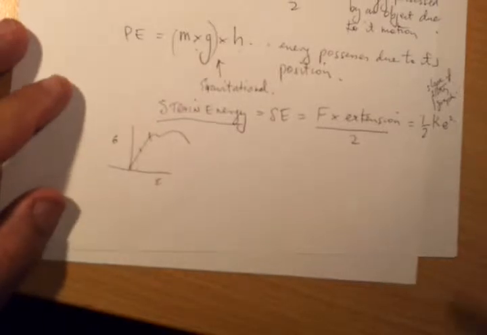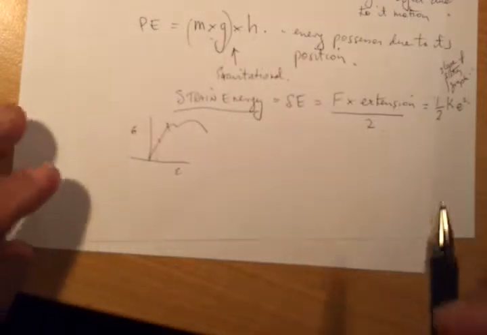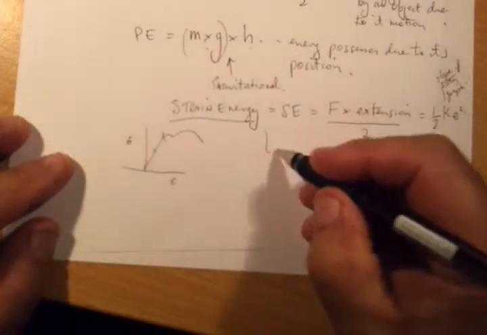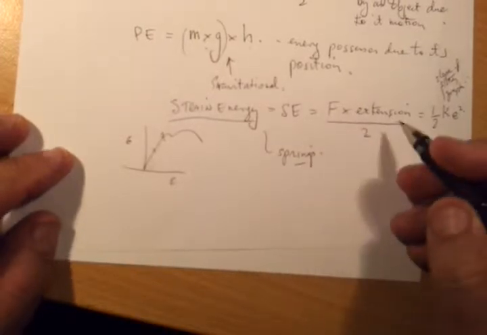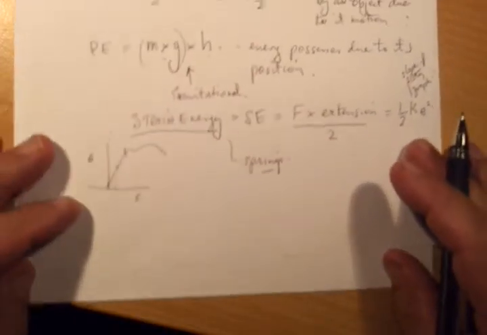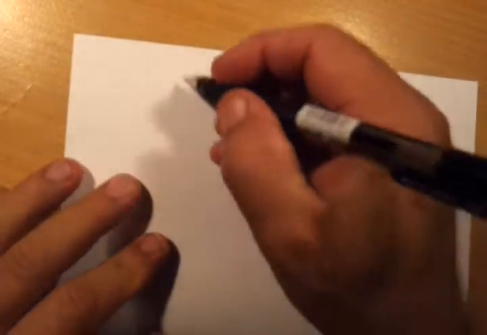Okay, so we're back to talking about that strain energy, basically related to springs, or most often related to springs in regards to engineering, but not always. Now, probably it's good for us at this time to talk about something else, which is the law of the conservation of energy.